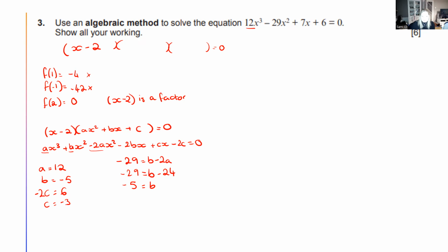When we're at that point, we're now going to fill in our a, b, and c, which is 12x squared. It's not plus technically because it's minus, so we can rub out that plus. I hope you like the fact I'm literally going through this word for word. Minus 5x, and then the last bit minus 3.